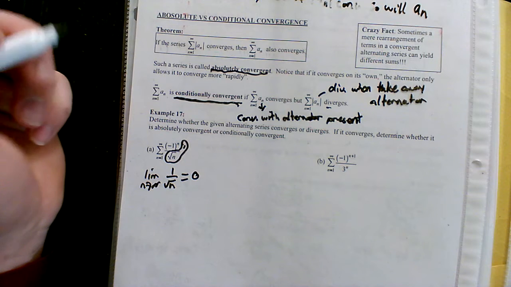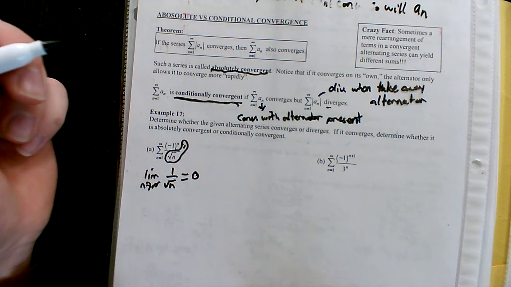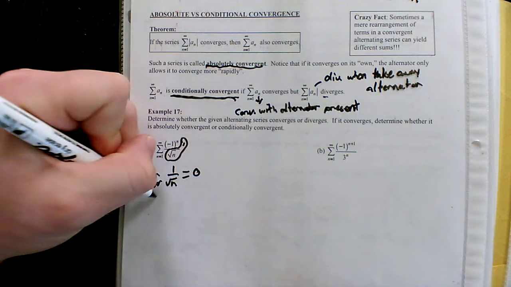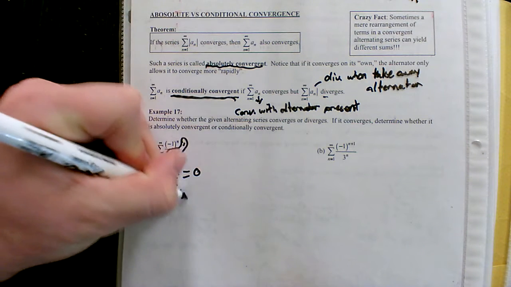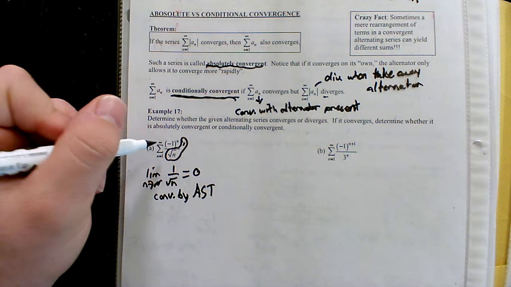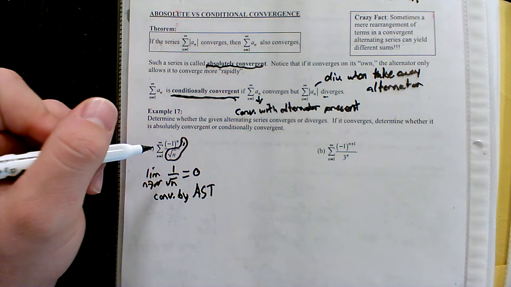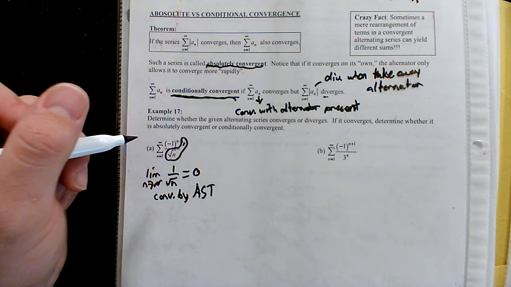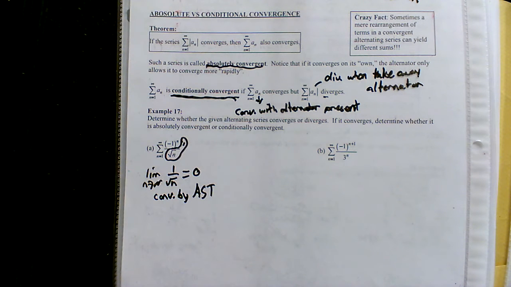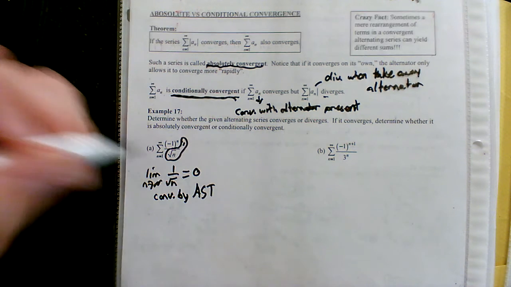Okay. So far, it's equal to 0, so our conclusion is what on this part? Converges by AST. So we know with the alternator it is converging. We want to know if it is absolutely convergent though. So if we take the absolute value and it converges, then we know it's absolute convergence.